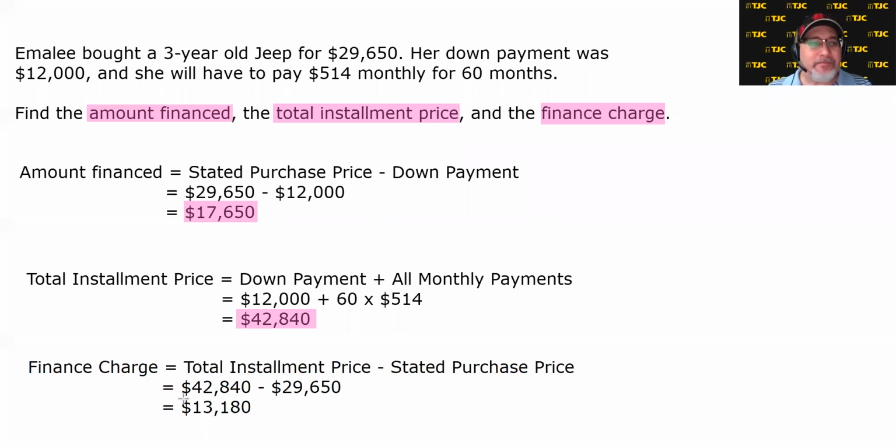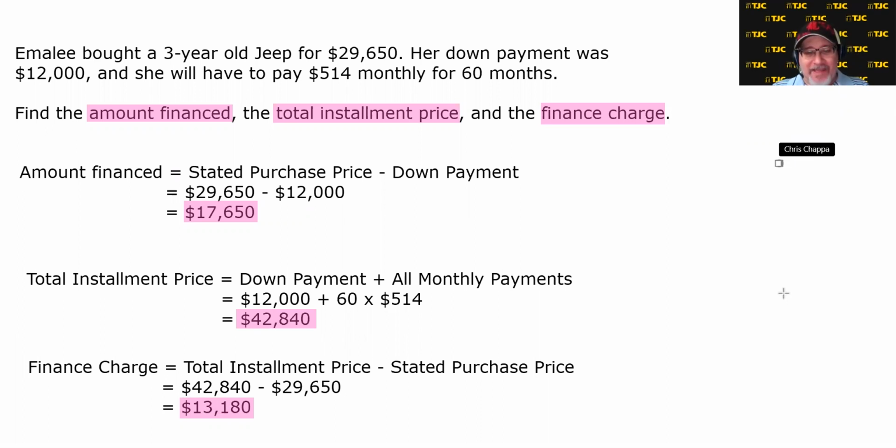That's a lot of money. This car dealer made $13,190 off of you. Well, on top, they made that much more than the stated price. For some people, they're okay with that. I'm okay paying an extra $13,190 over 60 payments.